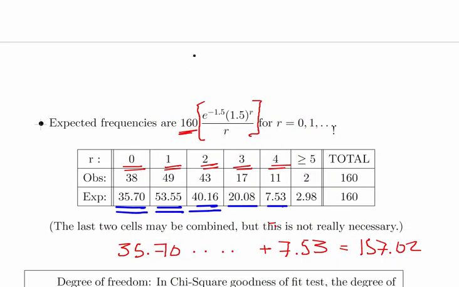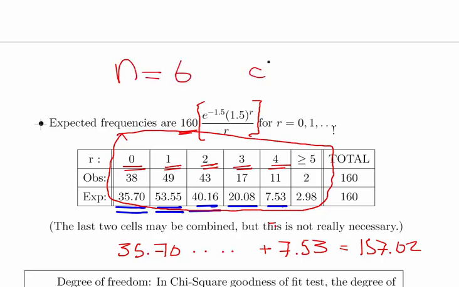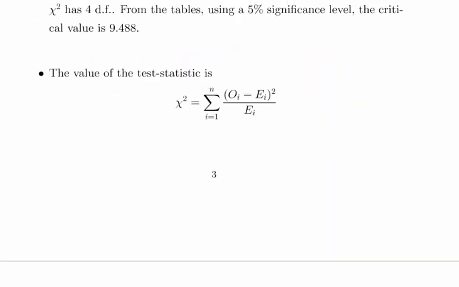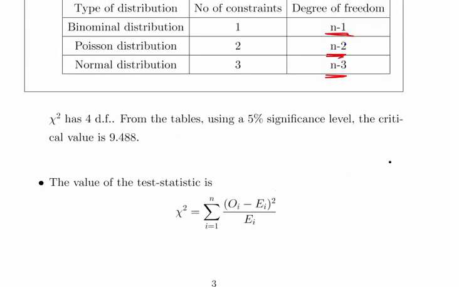In this particular instance, what is n? N is the number of categories we're dealing with. We are dealing with 6 categories, so n is equal to 6, which means the degrees of freedom is equal to 4. For the chi-squared test, we need a critical value. We're not told a significance level, so assume 5% until you're told otherwise.